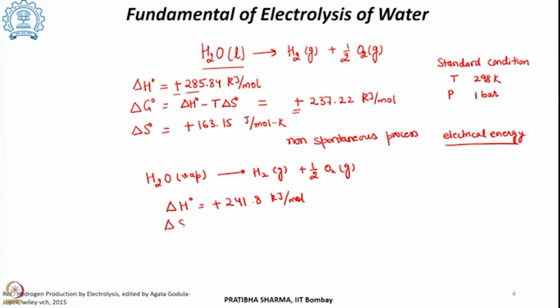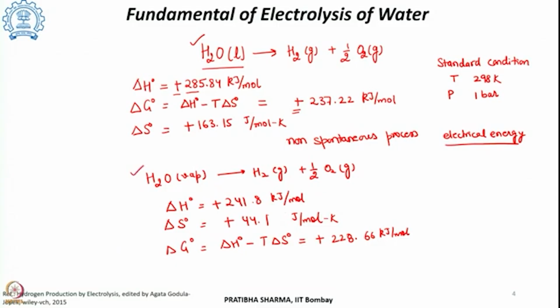Delta S for this process is 44.1 joule per mole Kelvin, and delta G can be found from this at the standard temperature and pressure conditions, and that comes out to be 228.66 kilojoule per mole. So this is when the starting water is in vapor state.